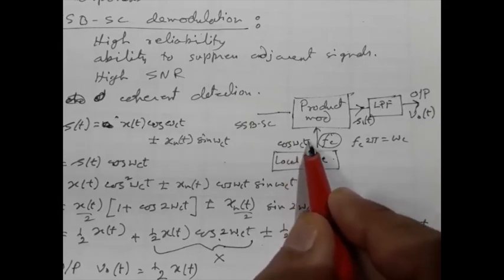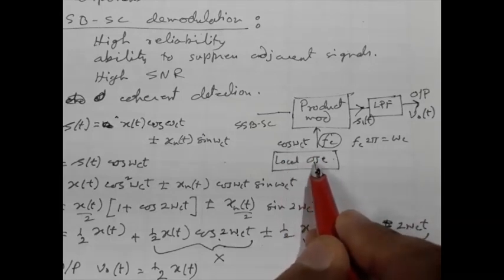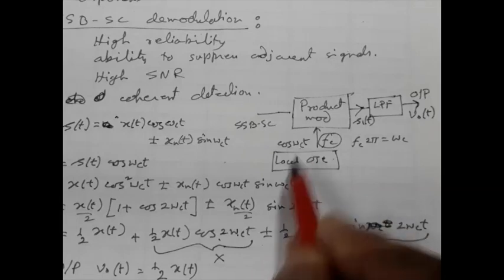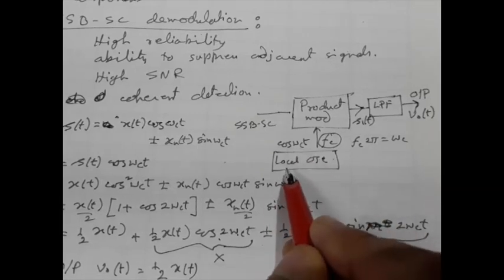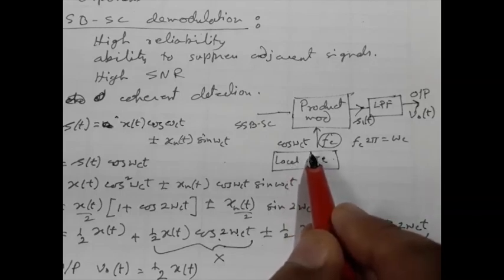That means if there is any change in phase of the locally generated oscillator, or any change in frequency of the locally generated oscillator, then we will have the same effect of phase error and frequency error as we have seen in the demodulation of DSB-SC signal.